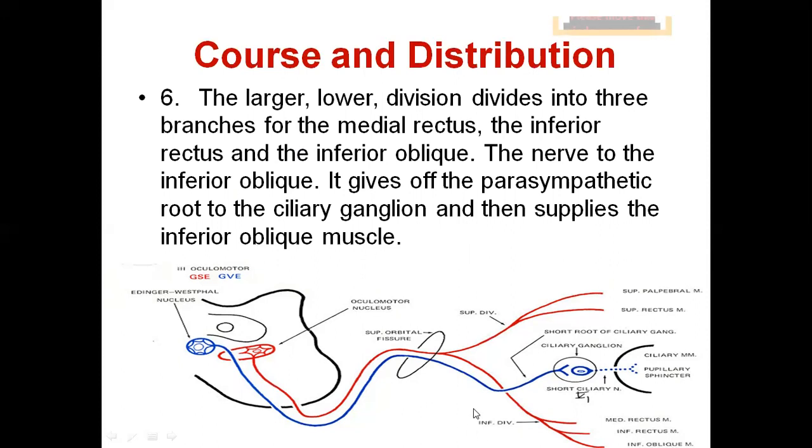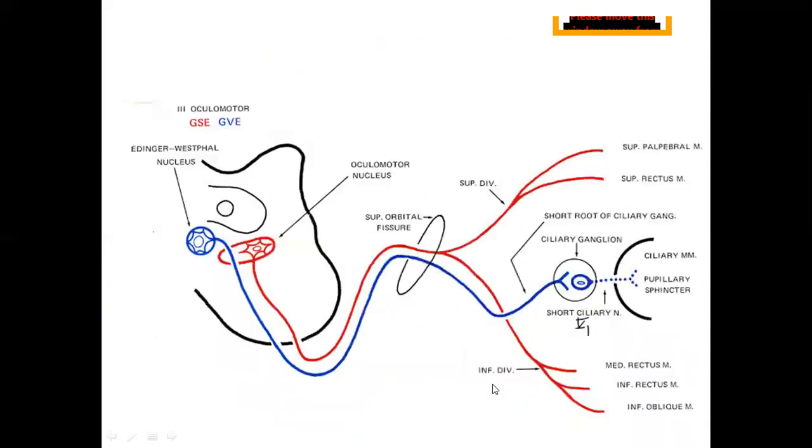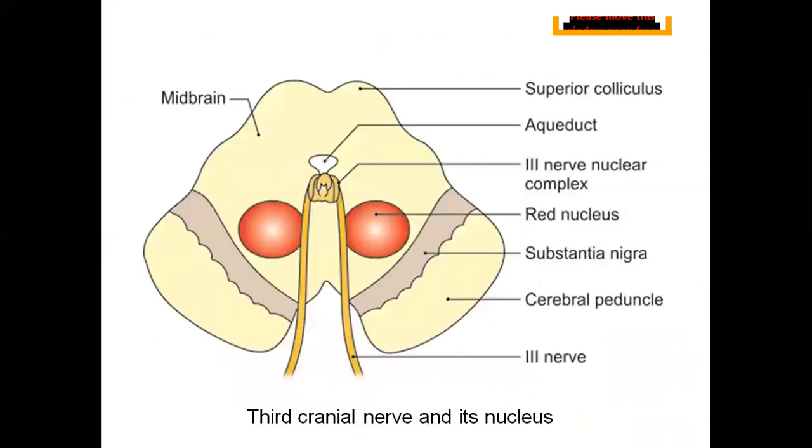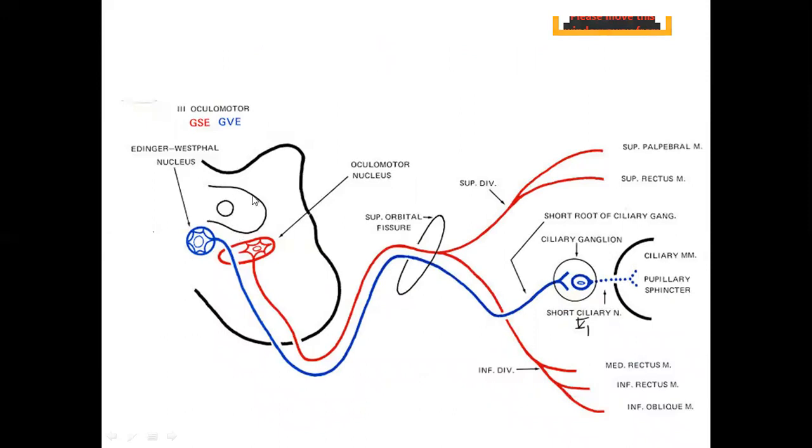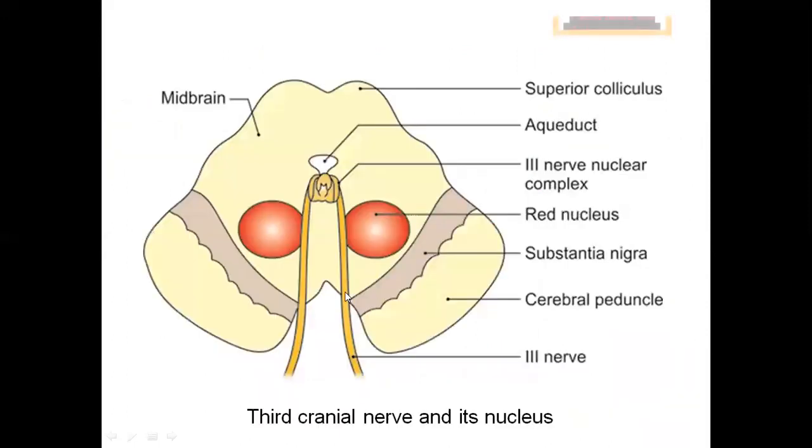The lower, larger division divides into three branches for medial rectus, inferior rectus and inferior oblique. It gives off the parasympathetic root to the ciliary ganglion. So this is the picture of the oculomotor nerve, with its superior division, inferior division, and its parasympathetic root going to supply the ciliary ganglion.